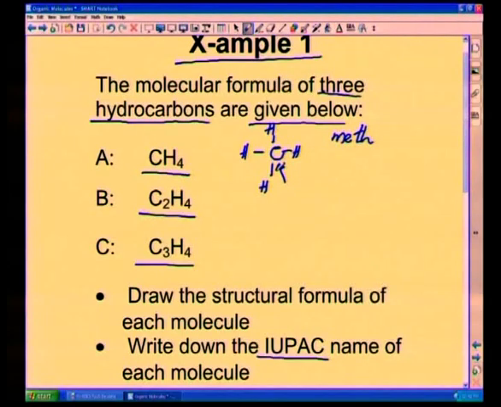But since I don't have any double bonds, I should believe that I must have an "-ane" in there, because that will tell me this has got no double bonds between carbon atoms, and therefore the homologous series to which it belongs will be the alkanes. Okay, beautiful.